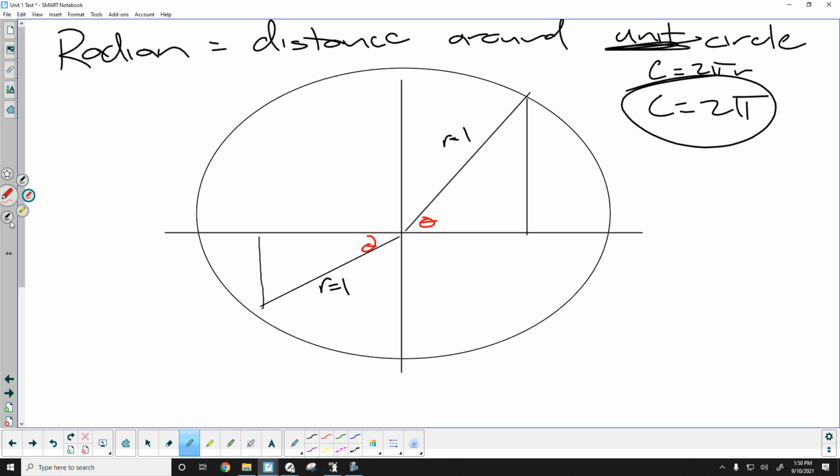Now, no matter where I draw my triangle, reference angle always here, what is consistent about every single triangle that I'm drawing? Tell your neighbors.